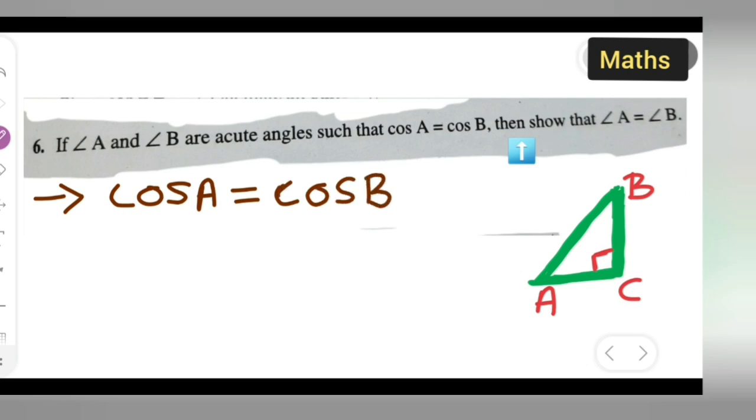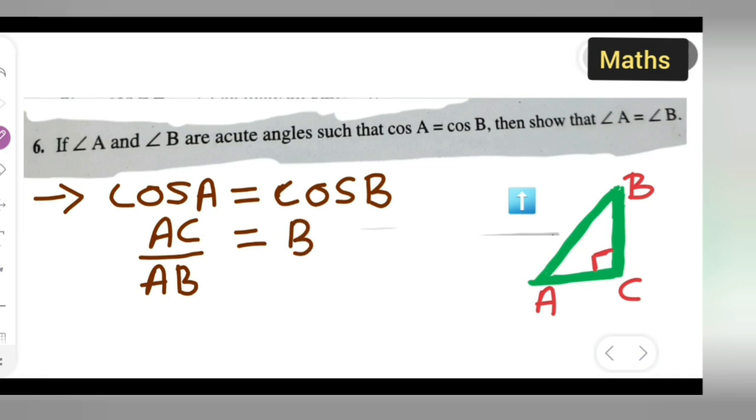Now we know the formula for cos A: adjacent upon hypotenuse. Same way, adjacent upon hypotenuse. The only thing is adjacent of A is AC, so write down AC, and the hypotenuse will be the same, that will be AB. Same way for this one: adjacent of B will be BC and hypotenuse is your AB. So it will be BC upon AB.